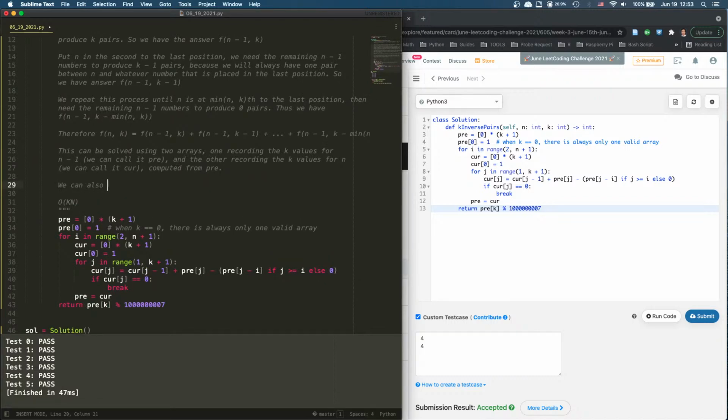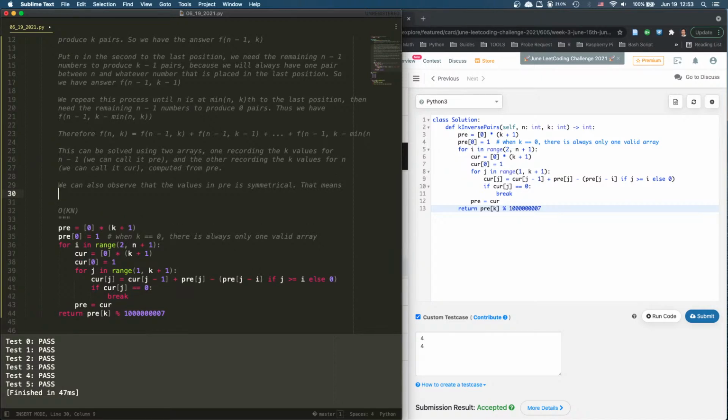We can also observe that the values in pre are symmetrical. That does mean we don't have to keep computing. We can just repeat the entire values.